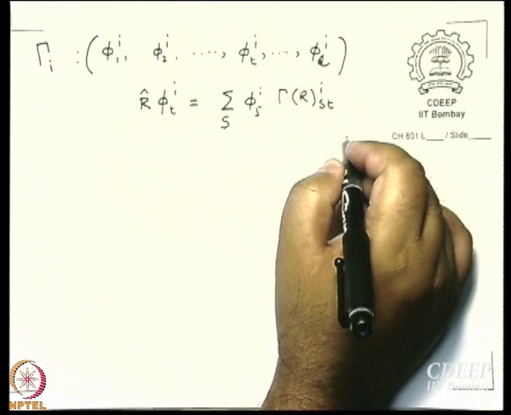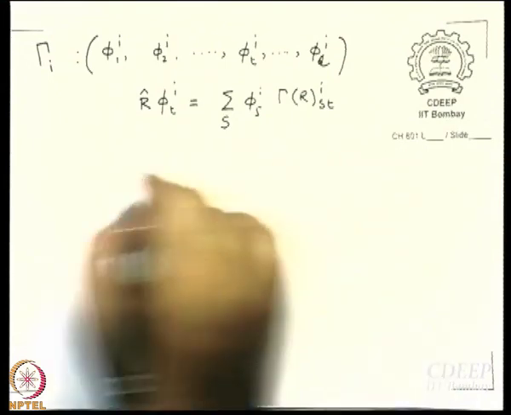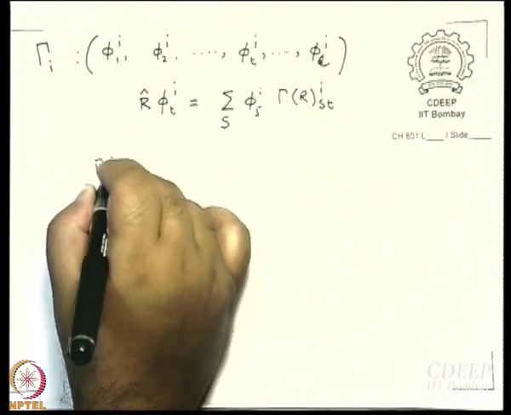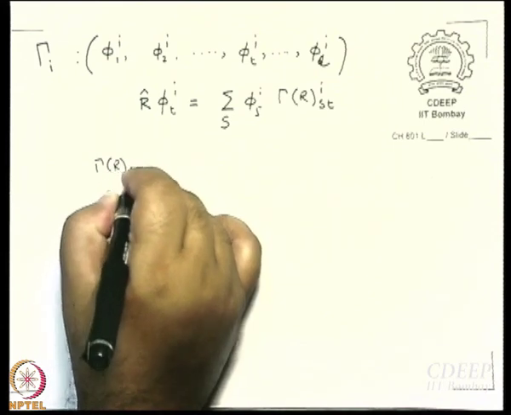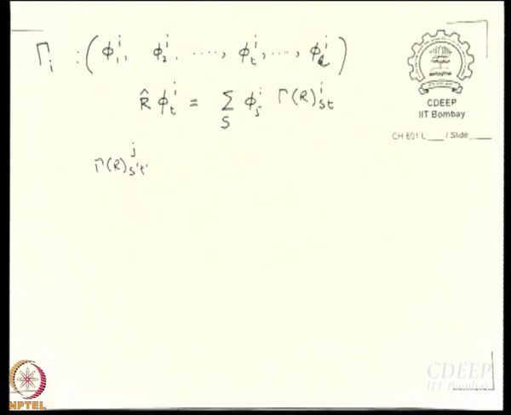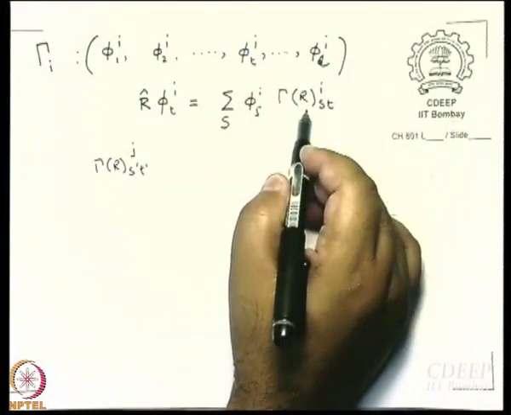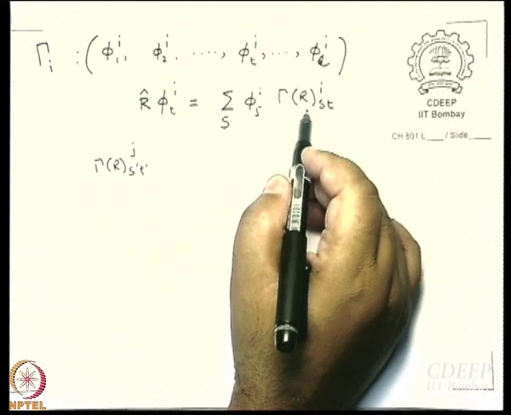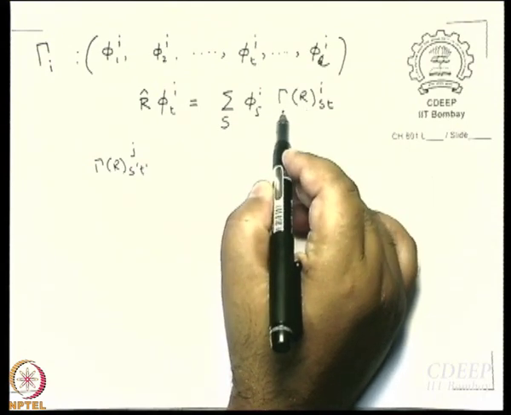What I will do is I will multiply the left hand side and right hand side by, say, gamma of R for S dash T dash J. Okay, what is R? R is a symmetry operation. What is gamma?